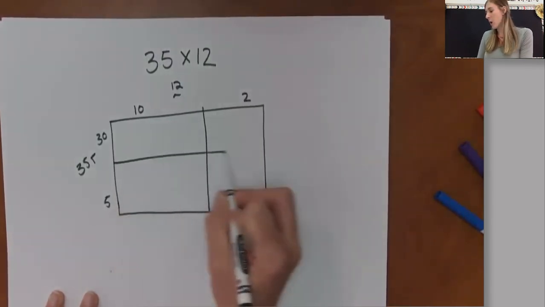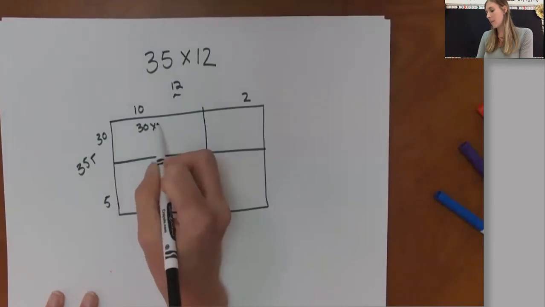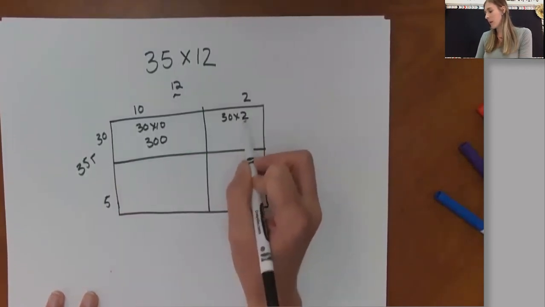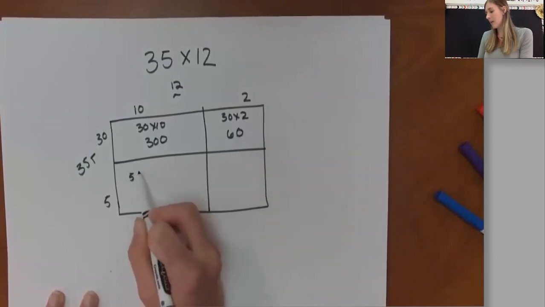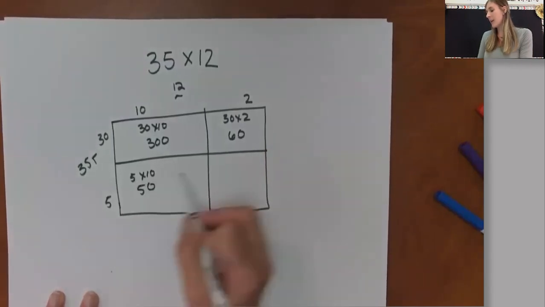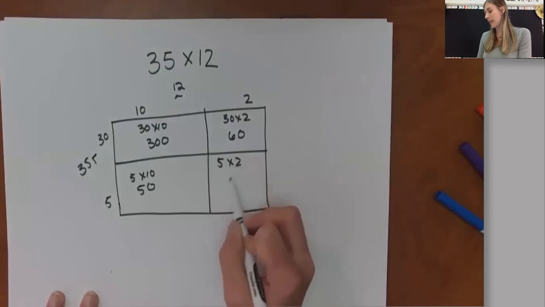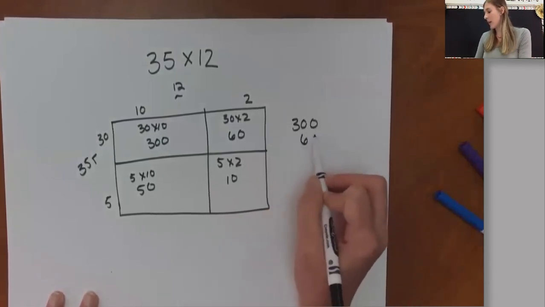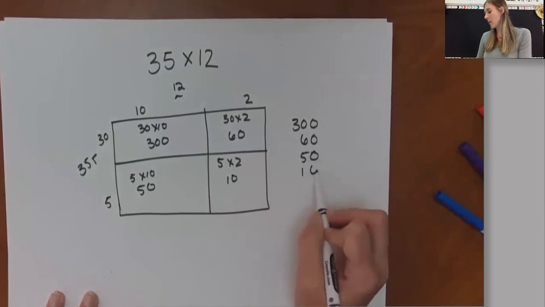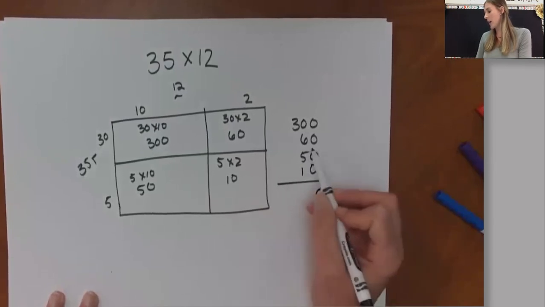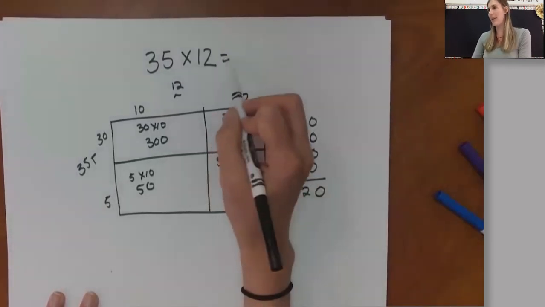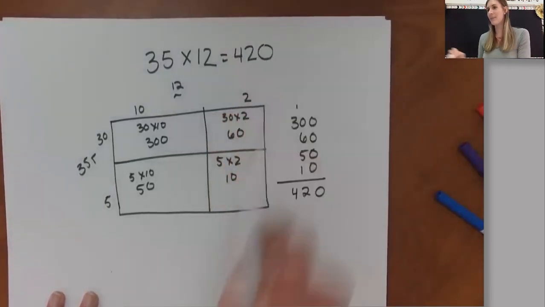So your partial products would have been 300, 60, 50, and 10. And then you would have added your partial products all together to get a total product of 420. Great job.